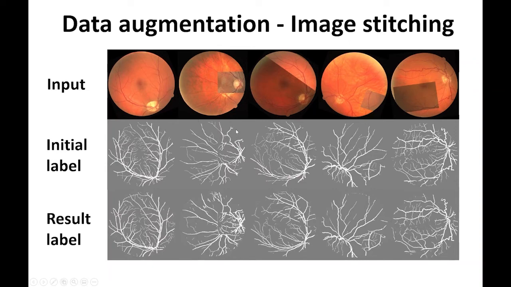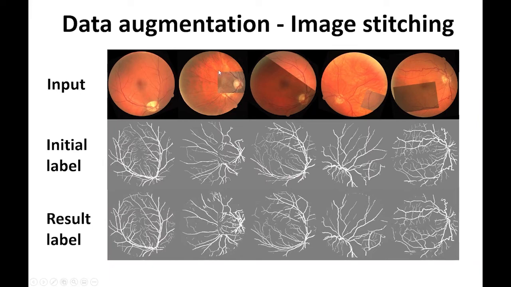As you can see, through this data augmentation method, we can produce infinite datasets because there are a lot of combinations between two samples. You can use different angles, different sizes, and different locations for one sample.